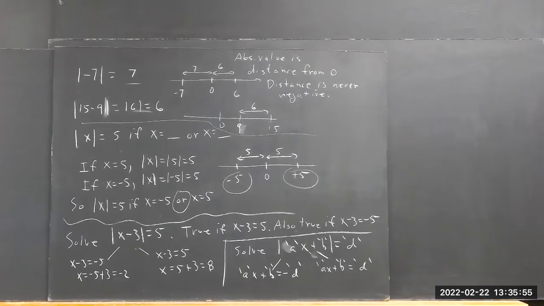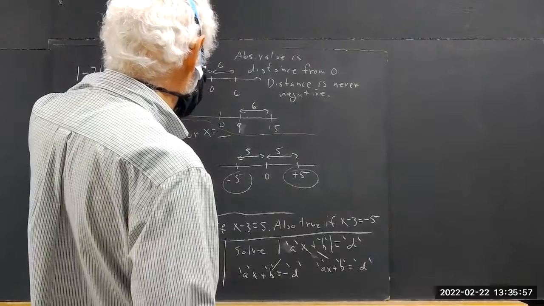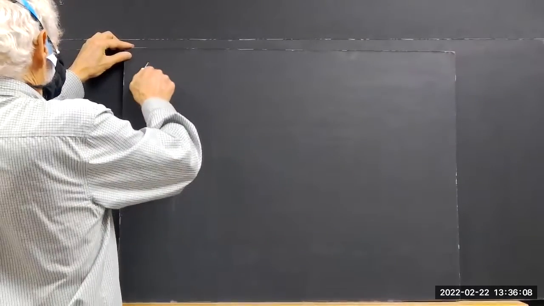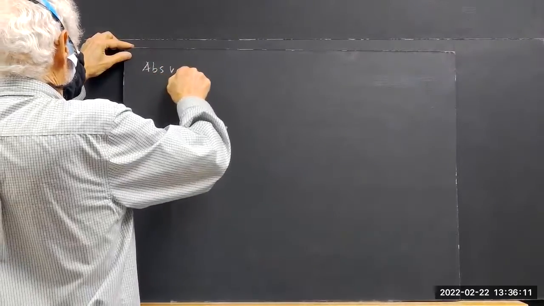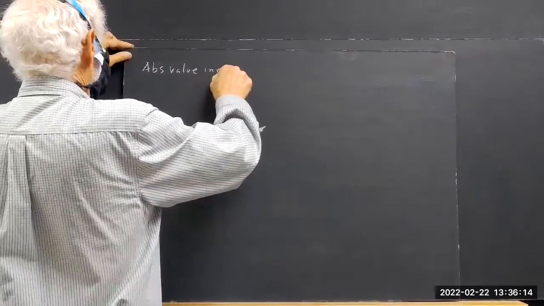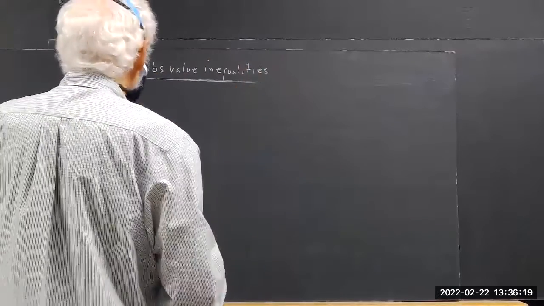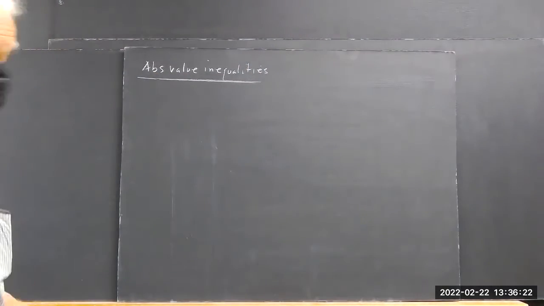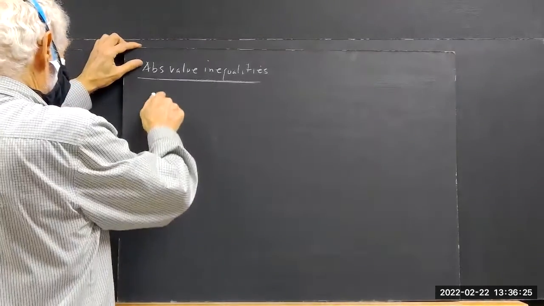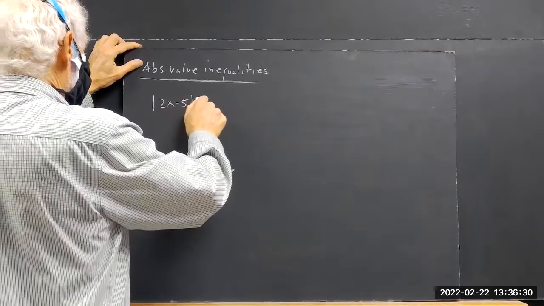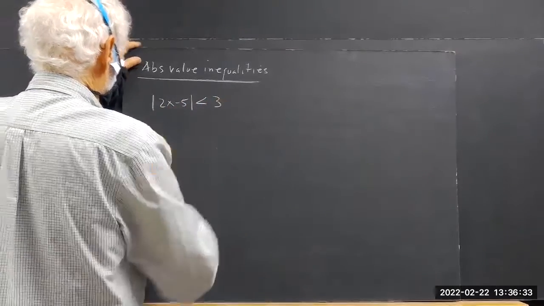And absolute value inequalities. Okay, so we want to talk about absolute value inequalities. Let's do that. So this is in some ways a little more challenging. Okay, so let's just take this. The absolute value of 2x minus 5 is less than 3.